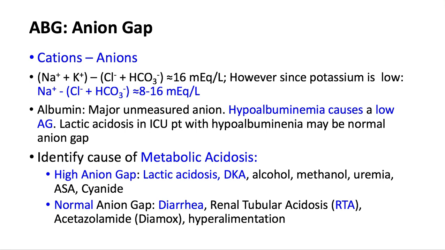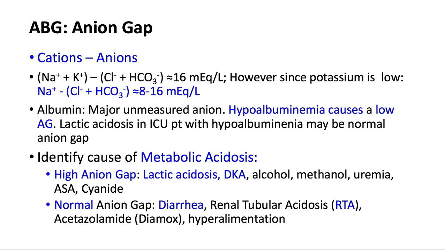Now, we have unmeasured anions, and one of those is albumin. If you have a very low albumin level, it can cause a low anion gap, and lactic acid could build up in a hypoalbuminemic patient, and you don't recognize the acidosis, specifically the anion gap, because the albumin is masking it.